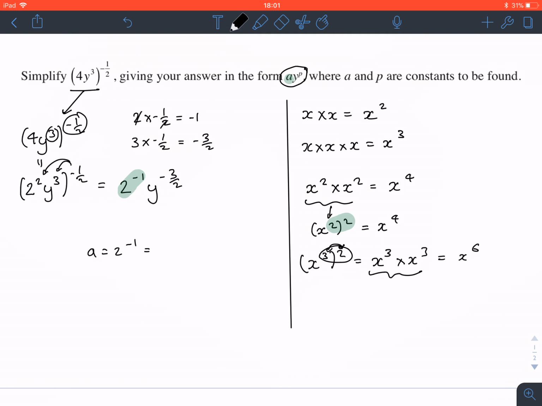From a previous video, done a few days ago, when you have a number raised to the minus 1, essentially it's 1 over that number. It belongs downstairs. That was the analogy I had then. Now, y to the minus 3 over 2. So clearly p, by inspection, let's get a red. P is minus 3 over 2.